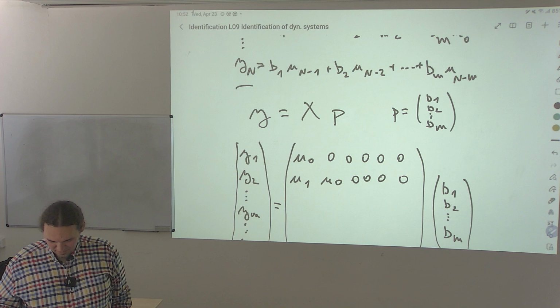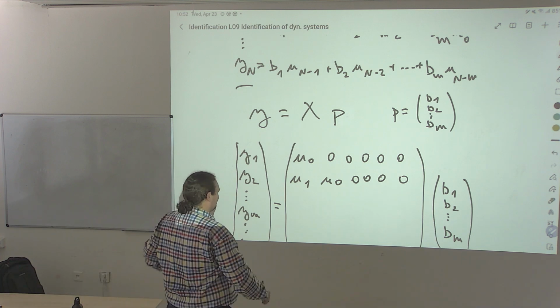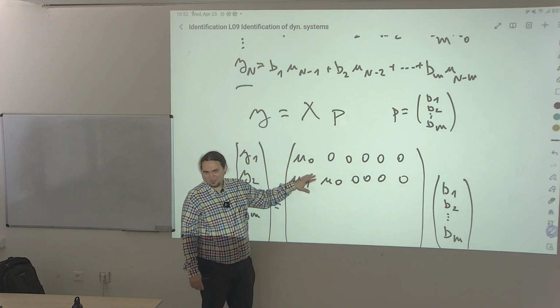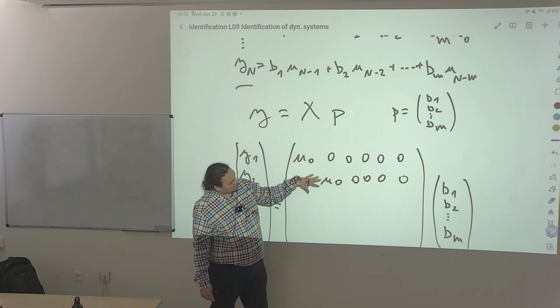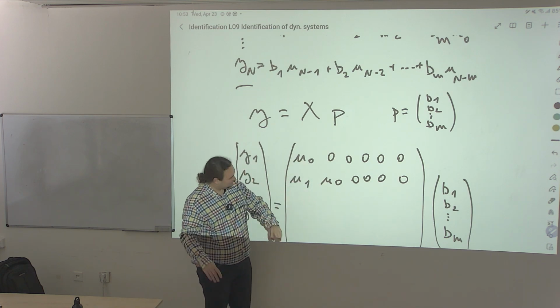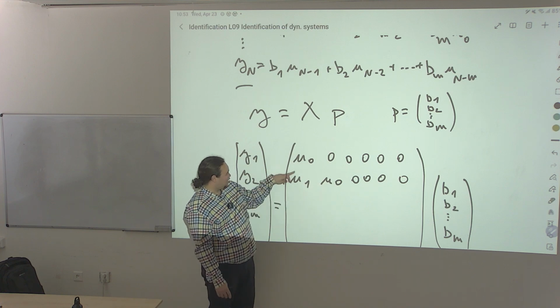Okay. And we can start to see the pattern. U0 would be on a diagonal. Let's see where the diagonal ends.